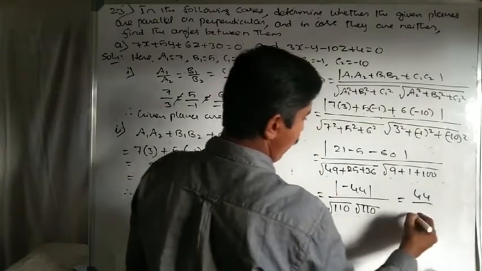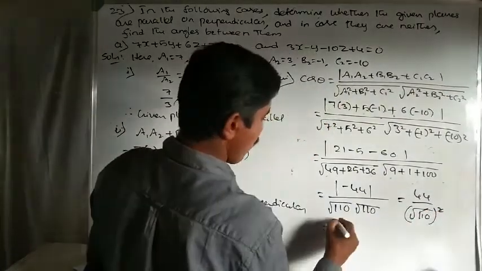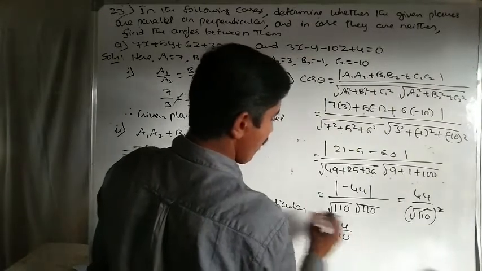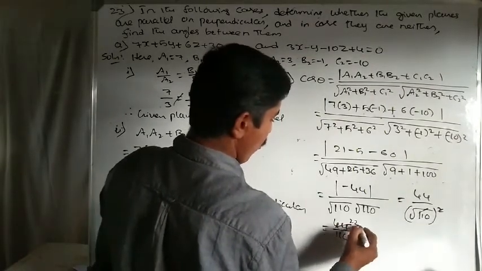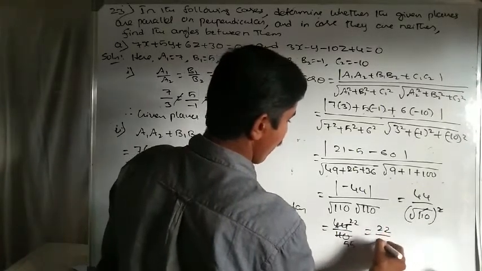The square root gets cancelled, and we get 44 divided by 110. Dividing by 2, 5 twos are 10, we get 22 by 55.